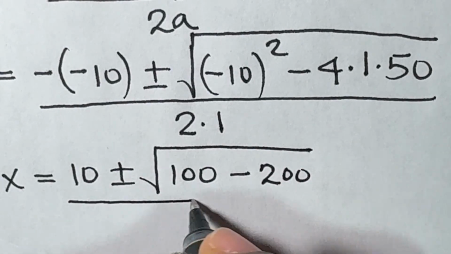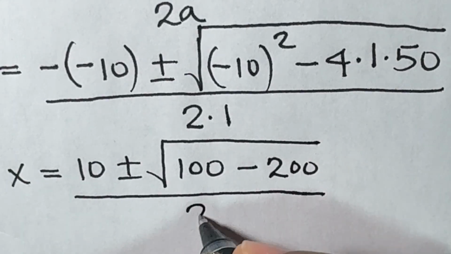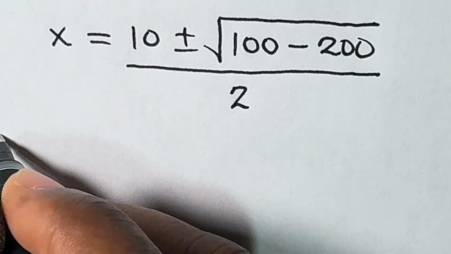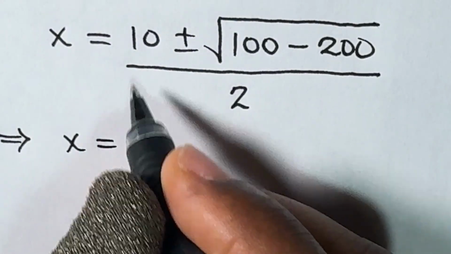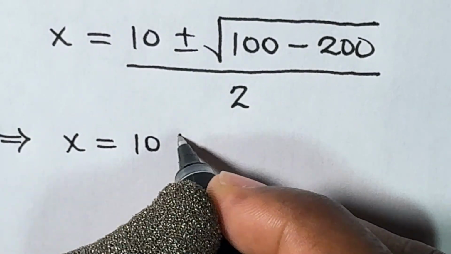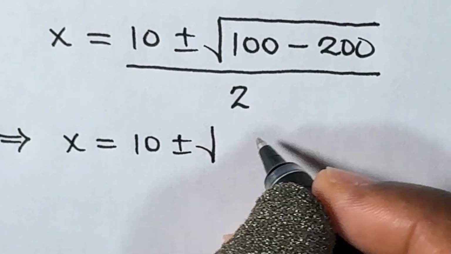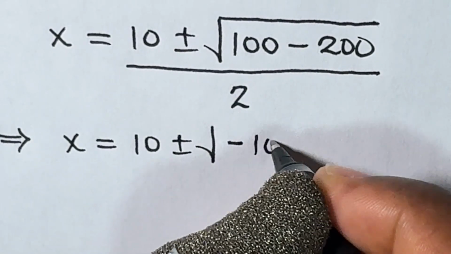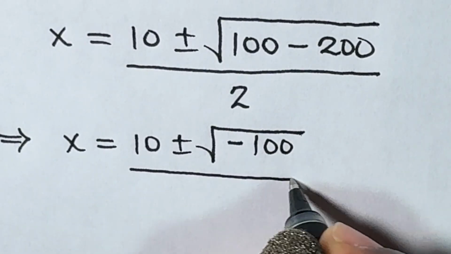Then divided by 2 times 1, which is 2. This implies that x is equal to 10 plus or minus 100 minus 200 is negative 100 divided by 2.